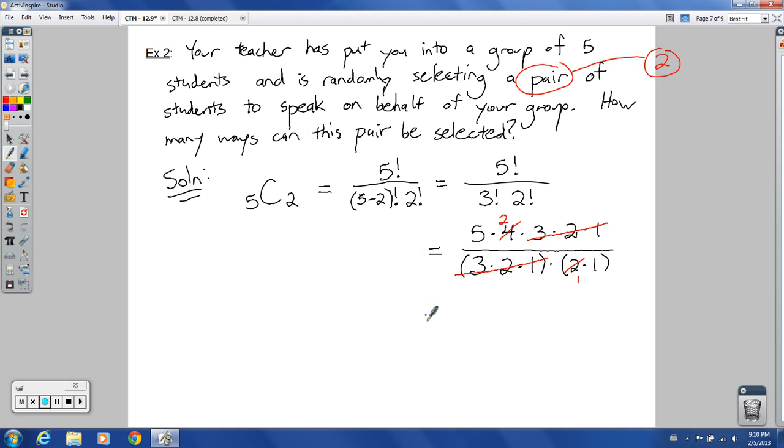That's as much simplification as I can do. That leaves me with 5 times 2 on the top, 1 times 1 on the bottom. That gives you 10 over 1, which equals 10. So how many ways can this happen? 10 ways. Give a word describing what you're talking about to finish that up.